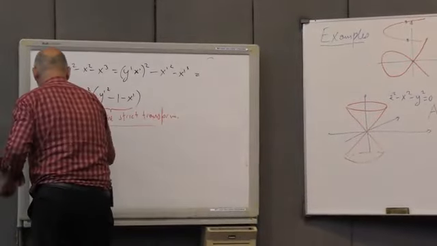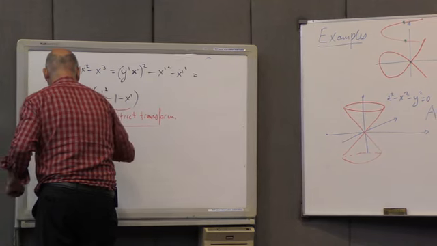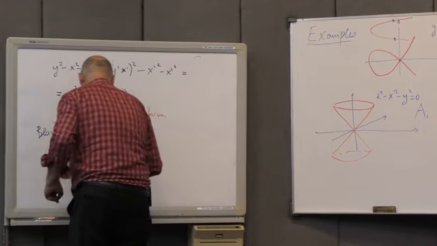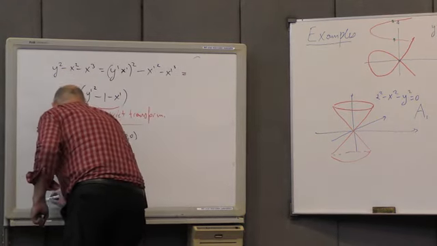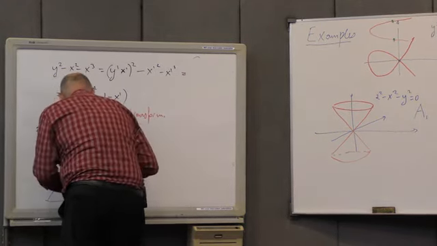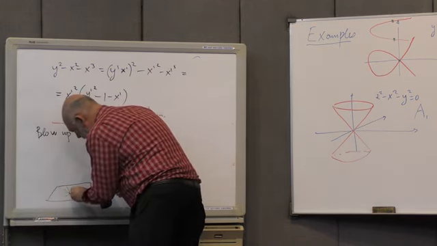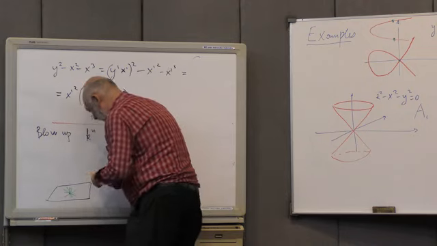We can blow up Euclidean space at the origin. It looks very similar. I take the Euclidean space and look at the totality of lines which pass through the origin. Now this time they're parameterized by P^(n-1).